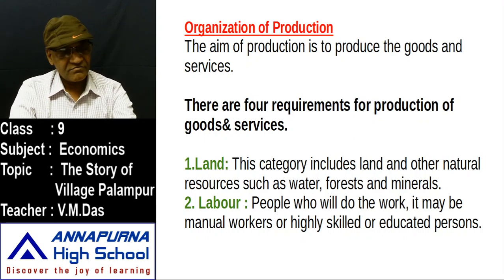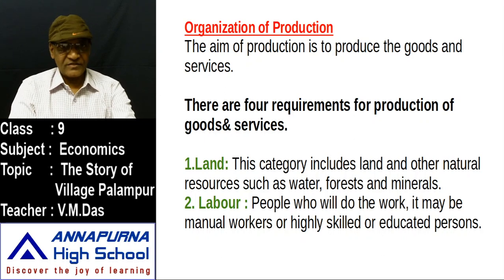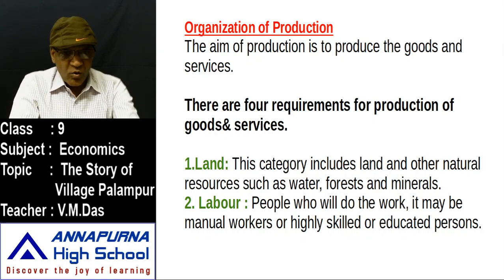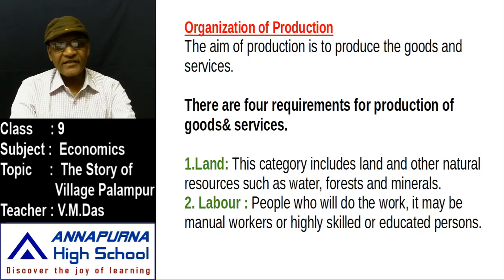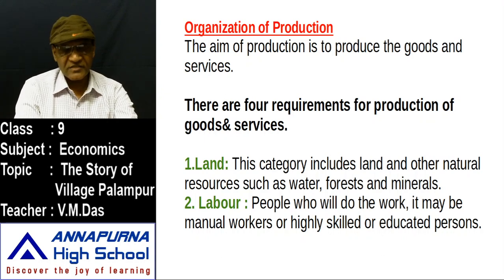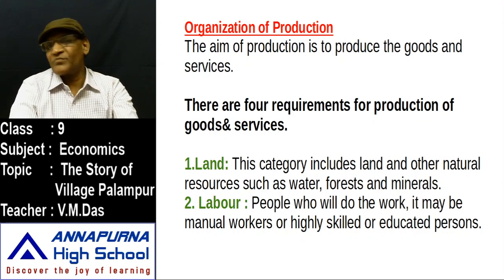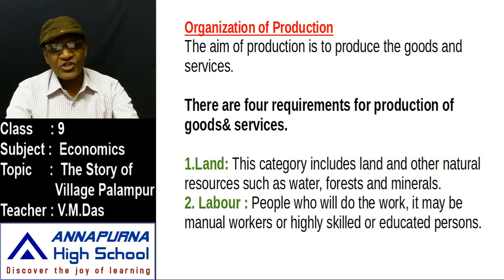All the raw materials are generally acquired from the earth. Minerals are generally tapped out from the earth, so minerals also play a very important role in the production of goods.